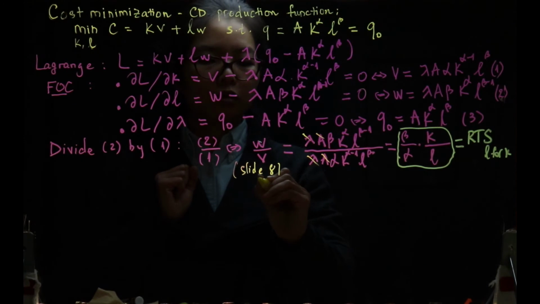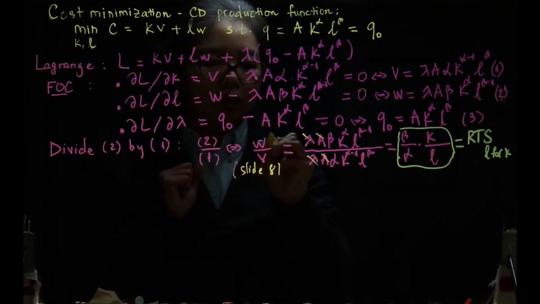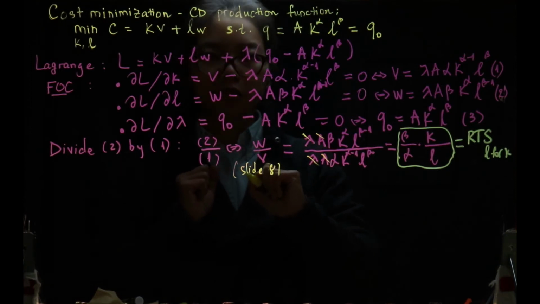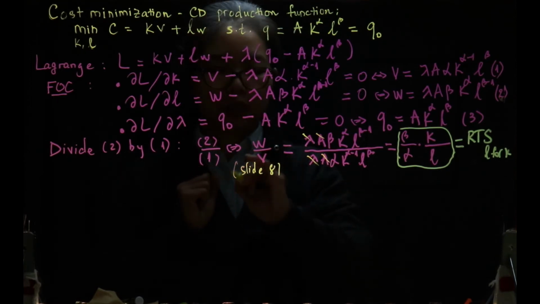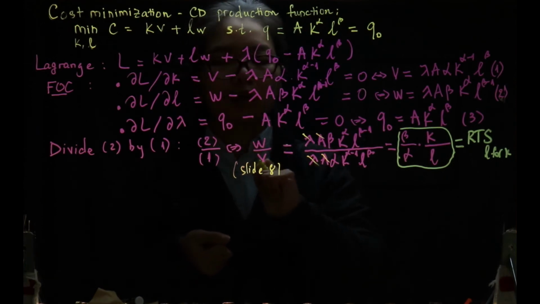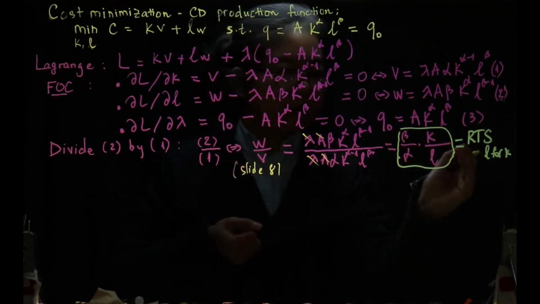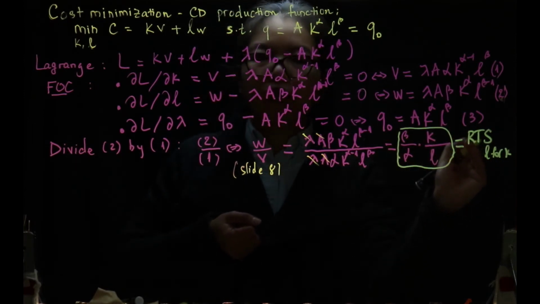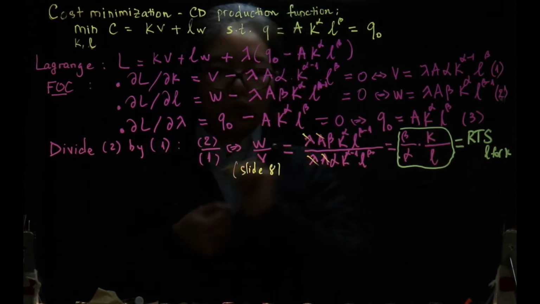And it is also said because W over V is the negative of the slope of the cost line, right? Because the slope of the cost line is minus W over V. So this is the negative of the slope. And this RTS, we know from before, is the negative of the slope of the isoquant.